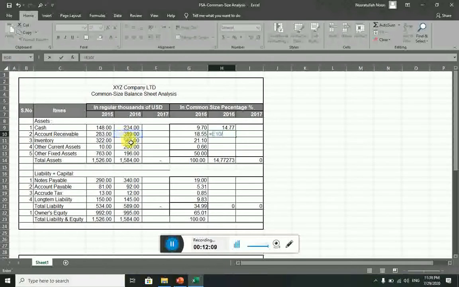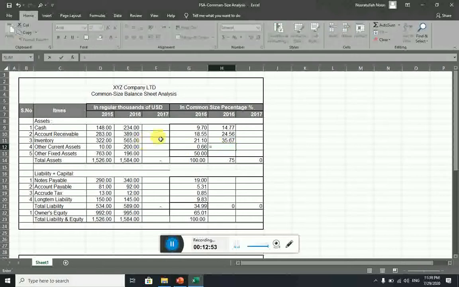Subtotal divided by grand total and multiplied by 100, you get 24.5%. Next, subtotal divided by grand total and multiplied by 100. That's 35.6%. So we can say that 35.6% of total assets is inventory.